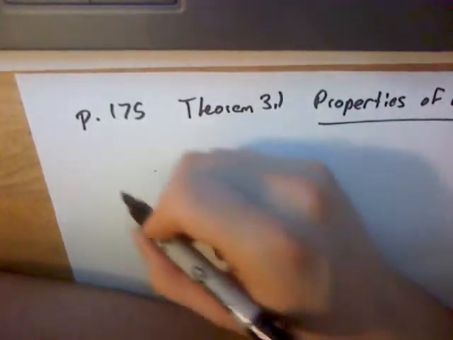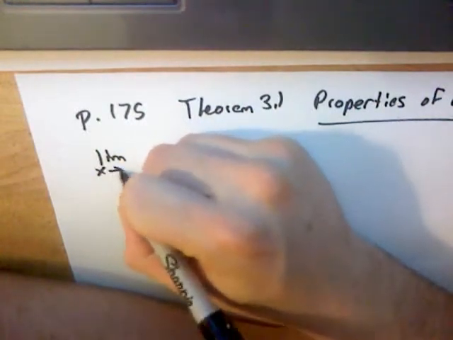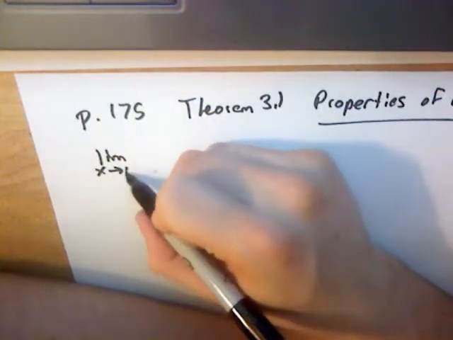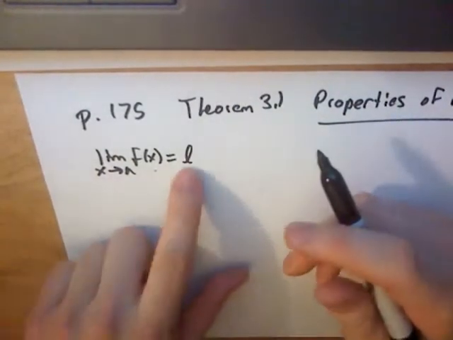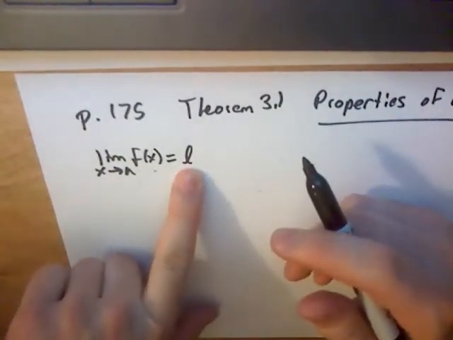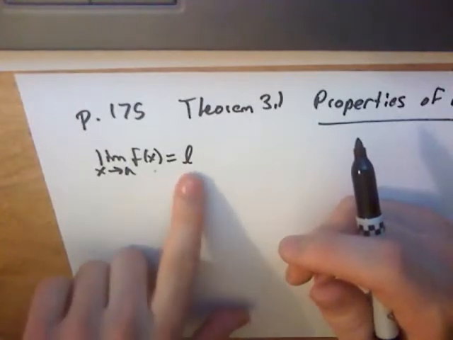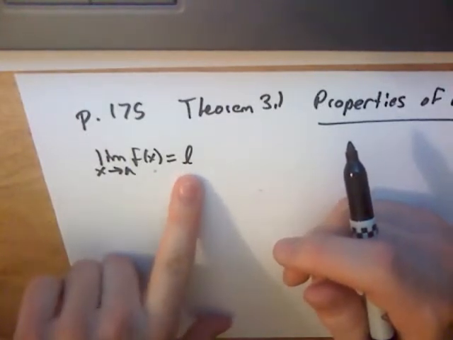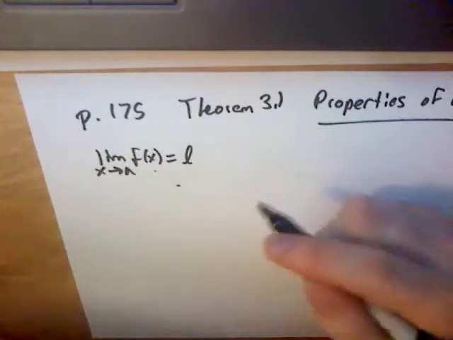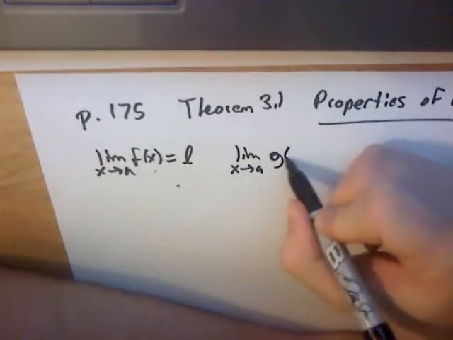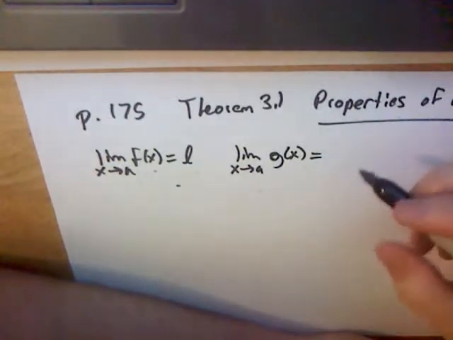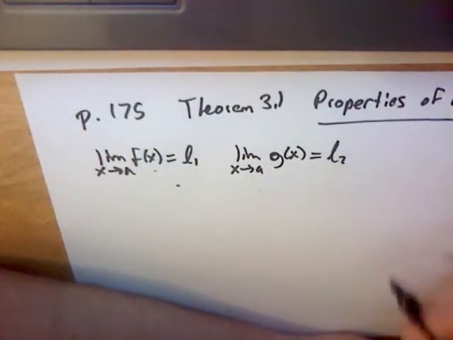So what that means is that the limit as x approaches a of f of x has to equal some L, some number that's actually a real number. So in order to exist, it has to actually equal a real number. It cannot be infinity. And the limit as x approaches a of g of x also has to equal, let's say this is L1, this is L2.